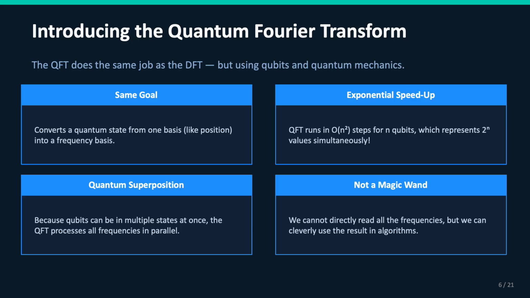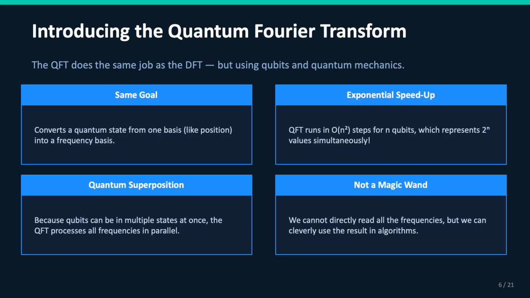The quantum Fourier transform is the quantum computing equivalent of the DFT. It takes a quantum state, a superposition of many basis states, and transforms it into a different superposition that represents the frequency content of the original state.